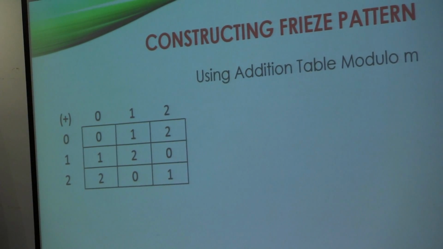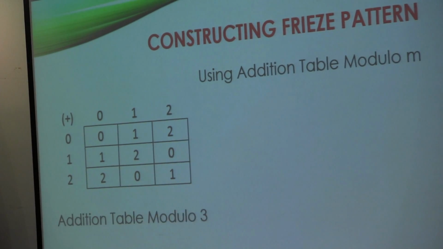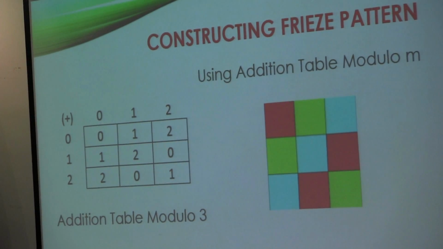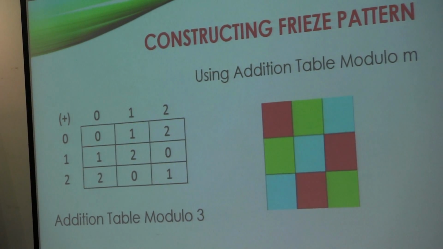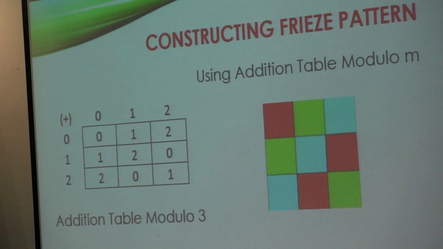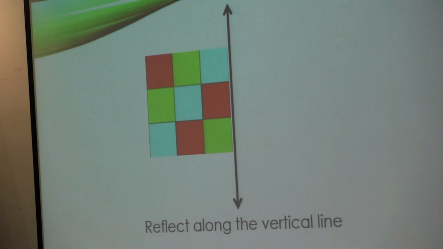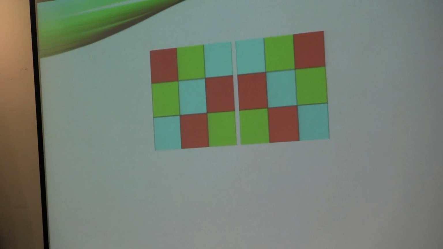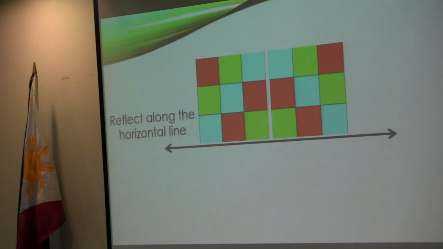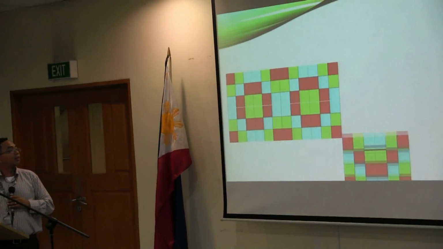Yes, we see numbers there, but you can also provide colors instead of the numbers. So if you provide them this idea, then you can construct patterns like this by reflecting it here, and then constructing the same by reflecting the resulting figure here to provide this kind of freeze pattern.